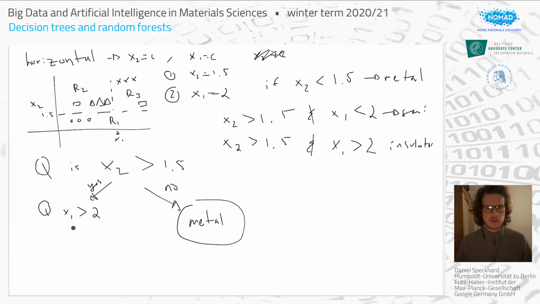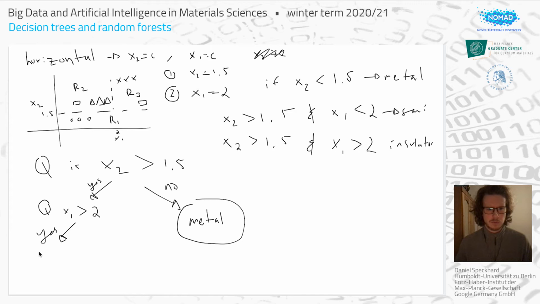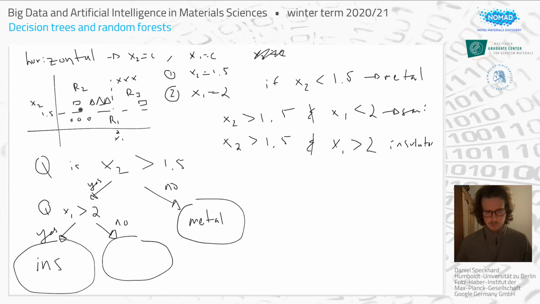If the answer is yes, then we're in this region, R3, and we'll say this is our insulator. And if the answer is no here, then we will arrive in our region 2, which we were classifying as semiconductor.